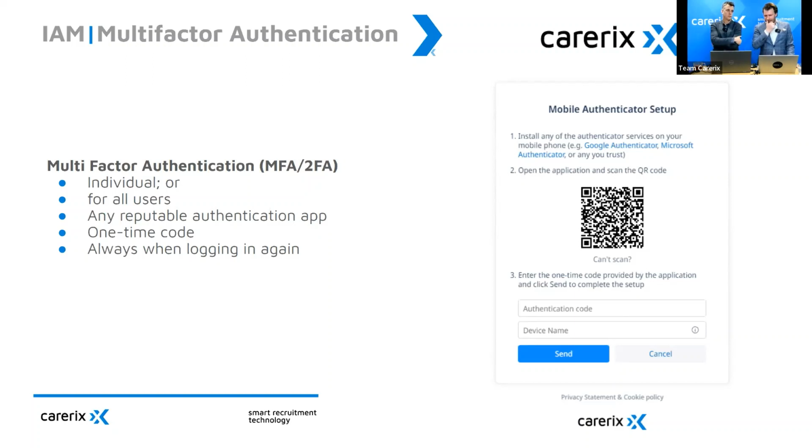As an example, we mention also in the software itself the Google Authenticator or the Microsoft Authenticator, but it can be any authenticator app that you probably already use, and it will generate a one-time code upon your login, which you have to provide. The code will expire very soon, then you get a new code, so it's very easy, and you have to apply this one-time code every time you log in.